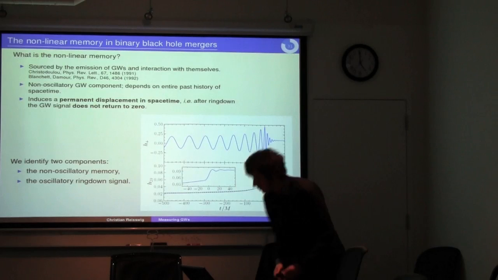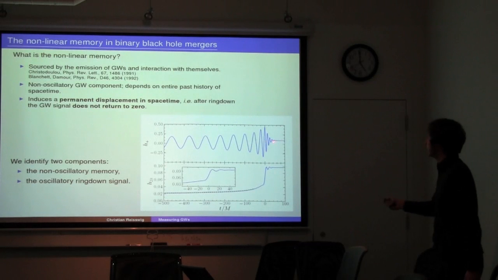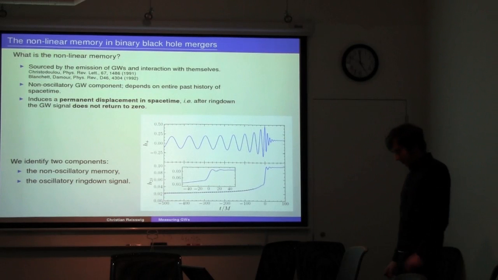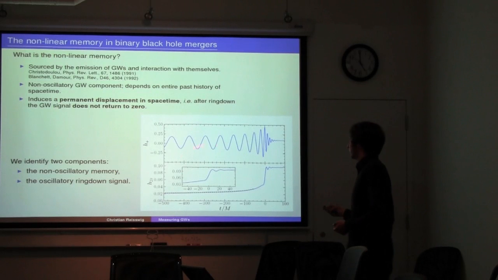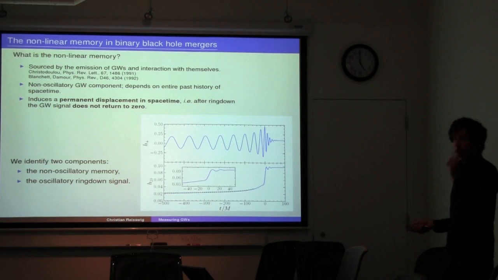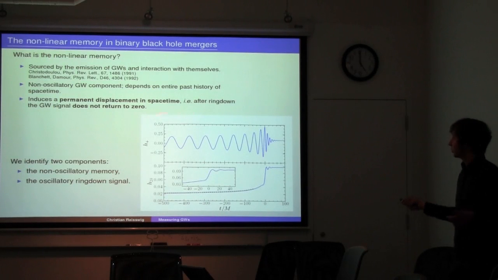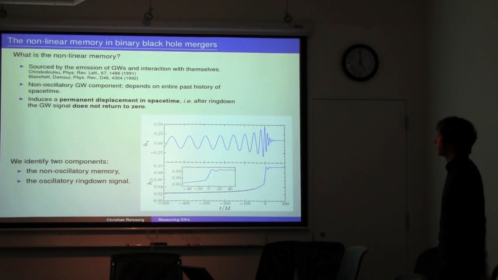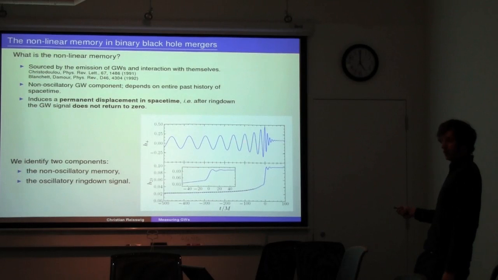Because the waveform visibly levels off, rings down to some non-zero value, compared to just the dominant L2M2 mode, which doesn't have this offset feature but simply returns to 0, will this make any difference for matched filtering searches?